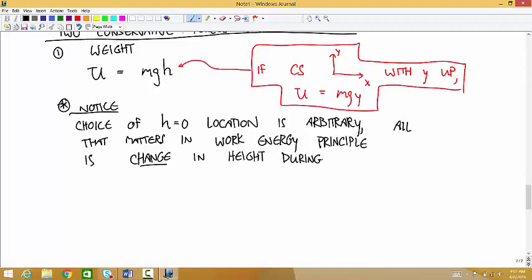So we'll see when we start doing examples that you can make problems simpler by choosing your height equals 0 location in a good spot.